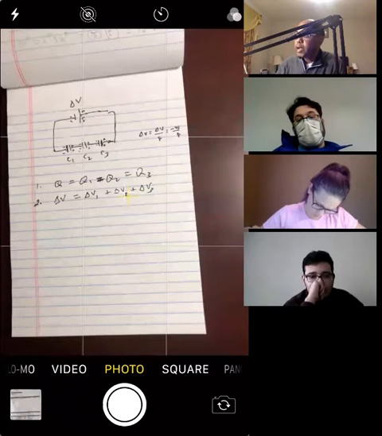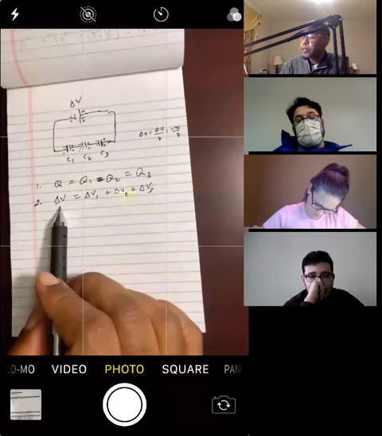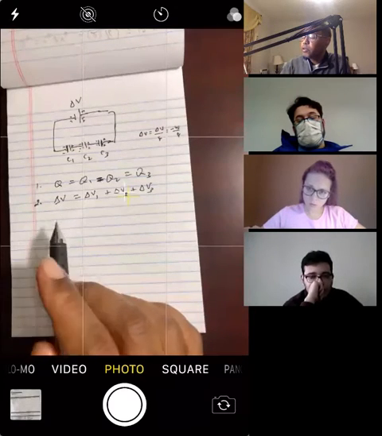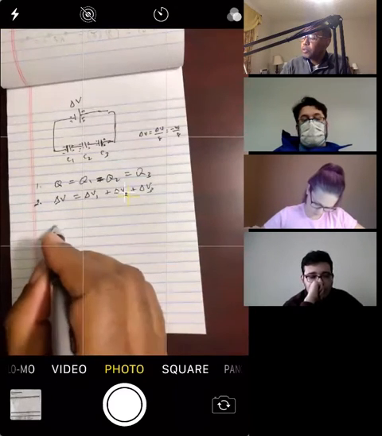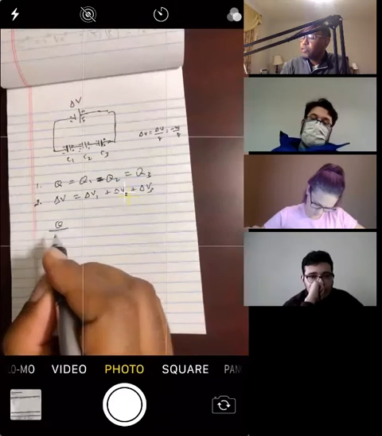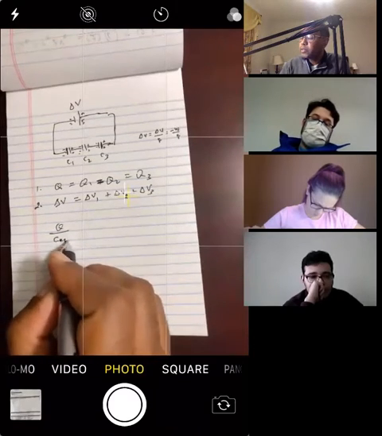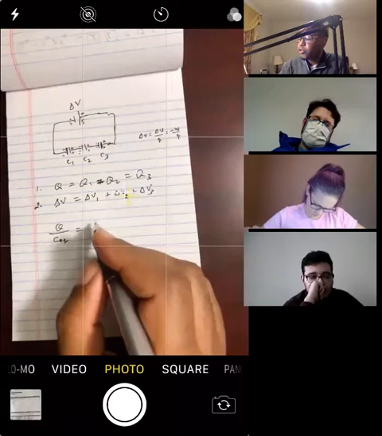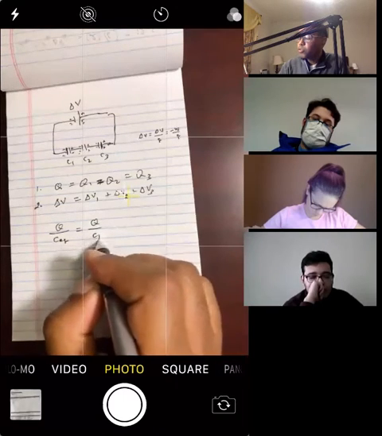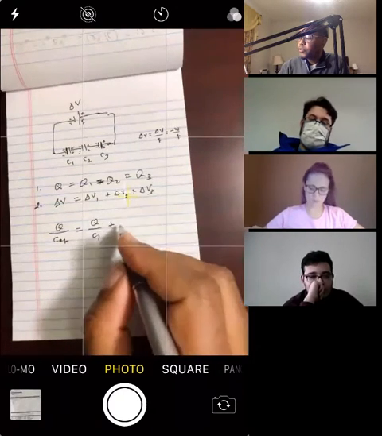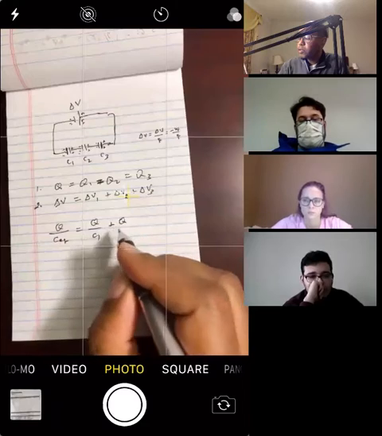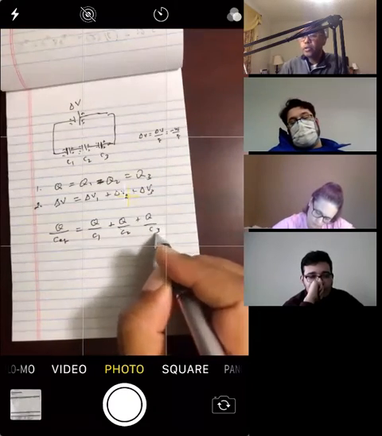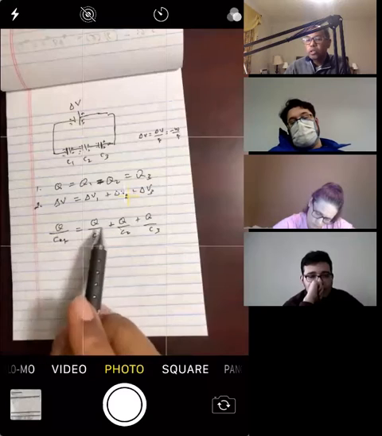All right, now I'm going to use this equation: potential difference is charge divided by capacitance, right? So this is for the combinations. It's going to be total charge divided by equivalent capacitance, okay? But delta V1 is Q1 over C1, but all the charges are equal, so it's Q over C1. This is Q2 over C2, but all the charges are equal, Q over C2, plus Q over C3. You see that the charges cancel out.